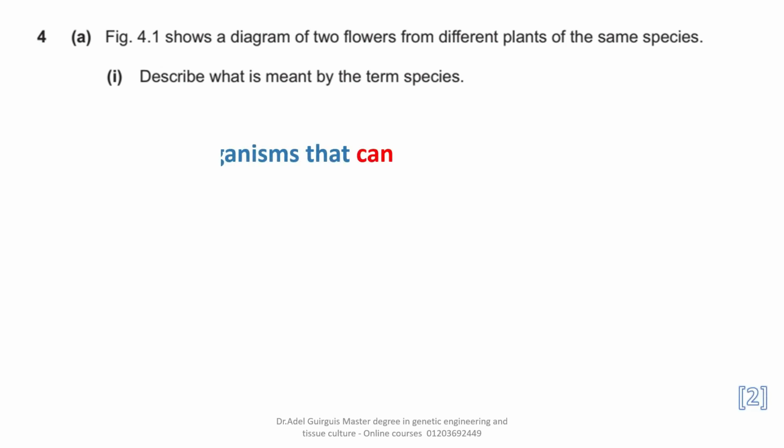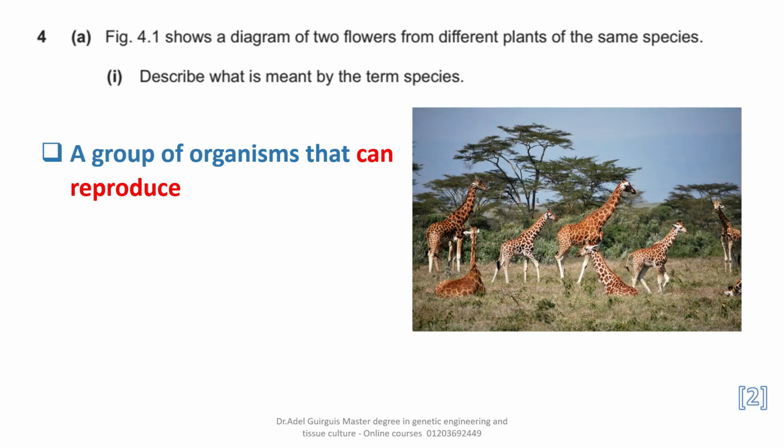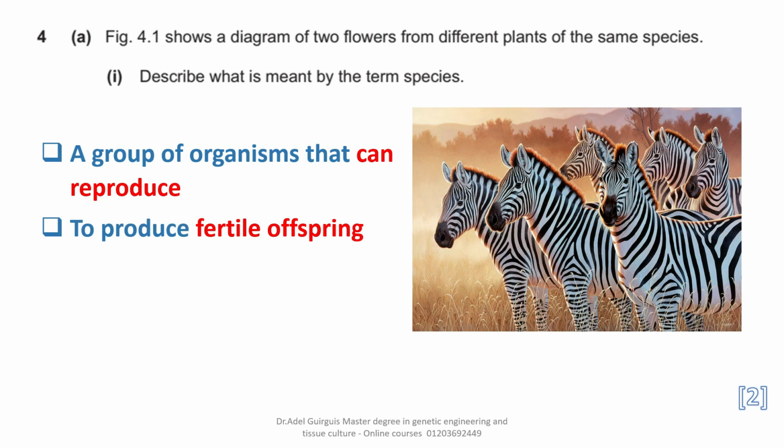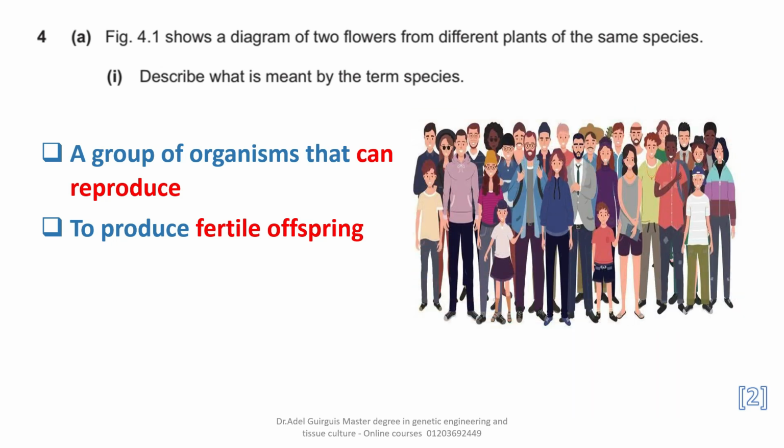Species means a group of organisms that can reproduce to produce fertile offspring, like the giraffes, like the zebras. Like humans, all of these humans are fertile and they can marry together to produce fertile offspring. This is the term species.